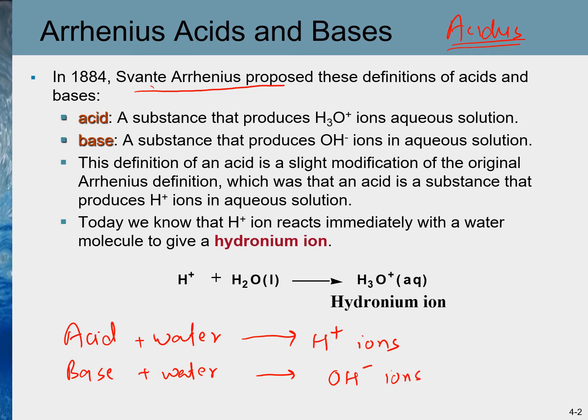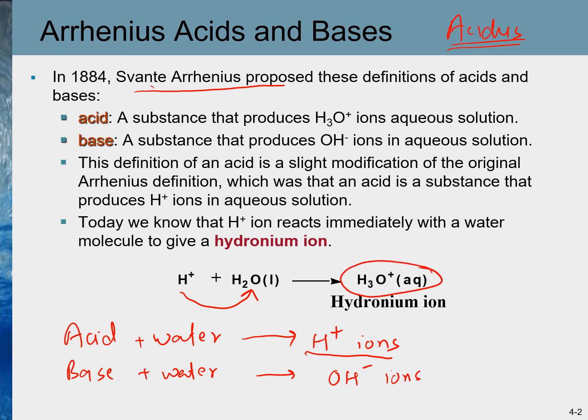Today, we know that it is not accurate to refer to an acid as a substance which gives rise to a simple H positive ion, because H positive ions in water immediately join together to form hydronium ion.